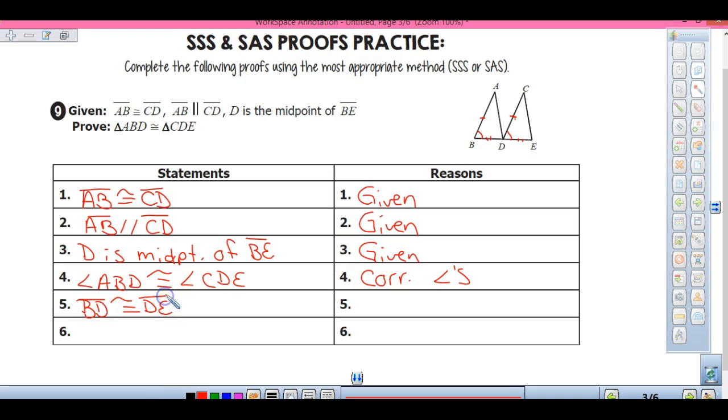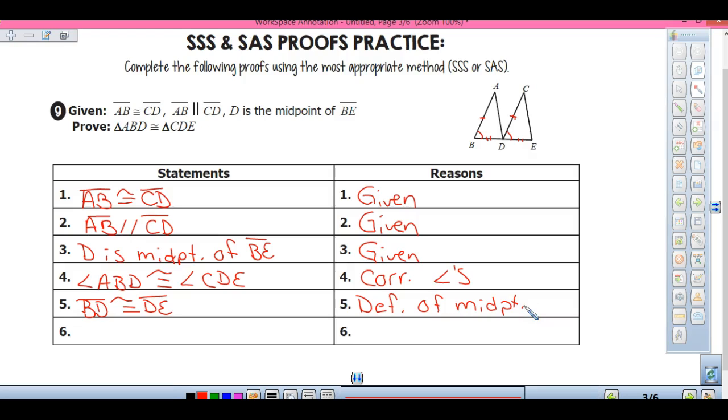Does anybody know why? What would we put for our reason there? It's going to be definition of a midpoint. Because that's what a midpoint states. If I have a midpoint of a line, it's going to make 2 congruent lines. That's my definition.